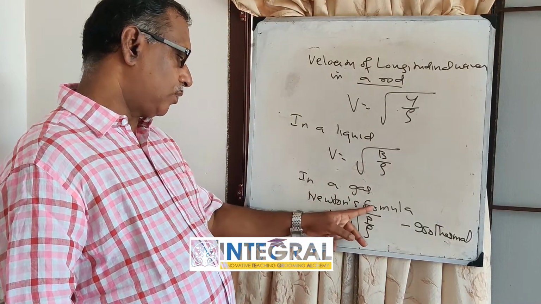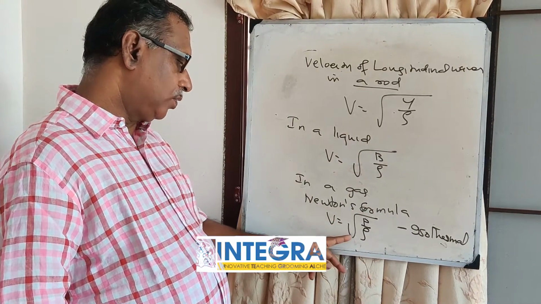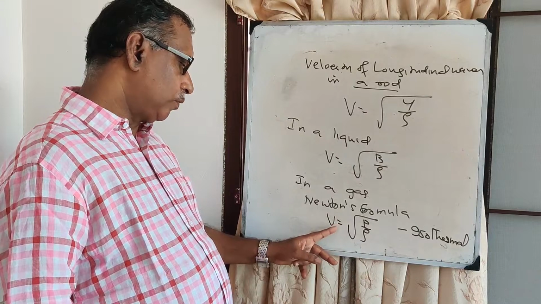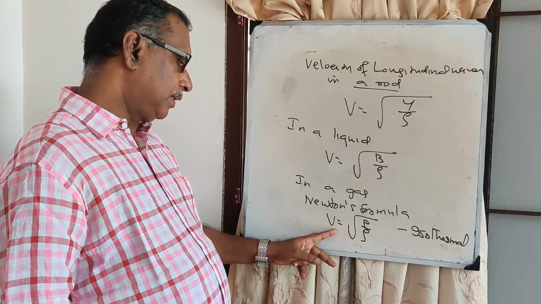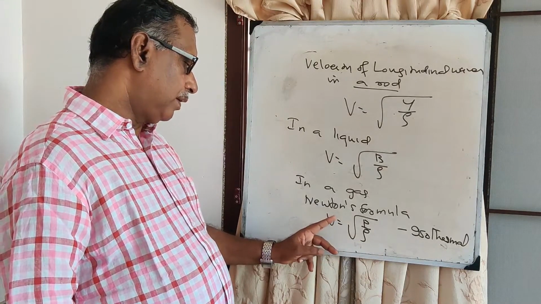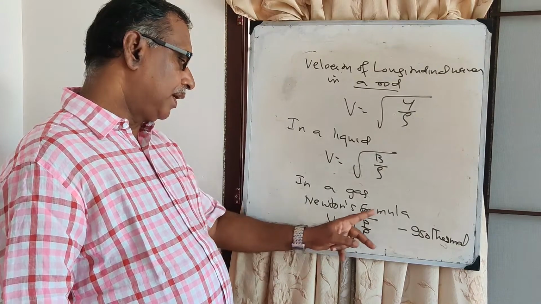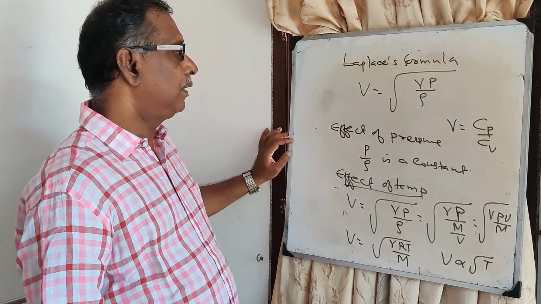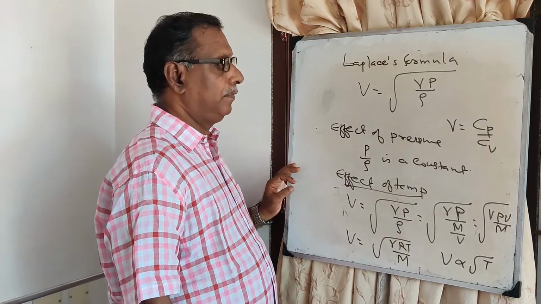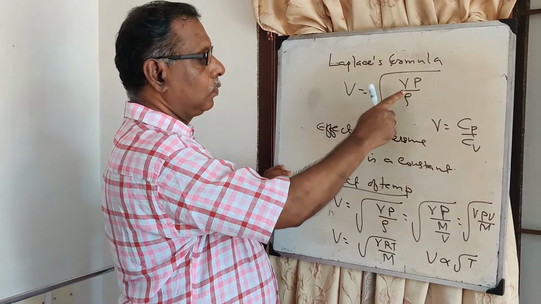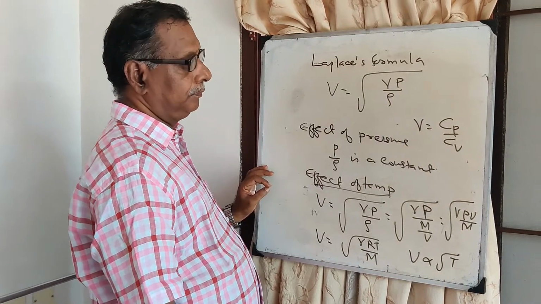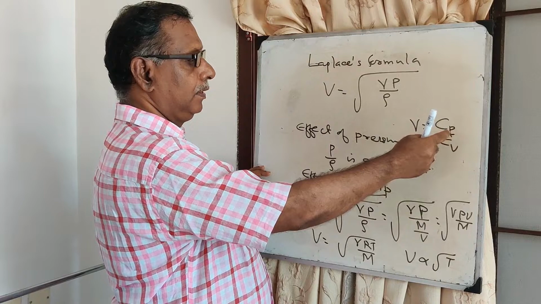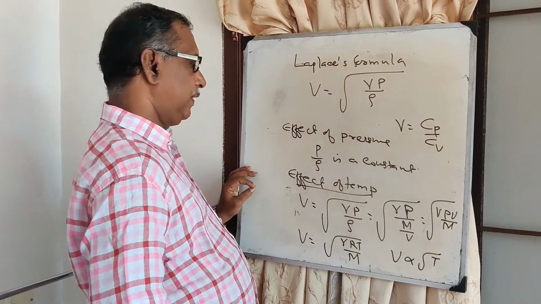One is Newton's formula, that is V is equal to root of P by rho. This equation is obtained in such a manner that when a longitudinal wave passes through a medium, that process is isothermal. Another formula in gas is Laplace's formula. That is V is equal to root of gamma P by rho. Gamma is the ratio of specific heats, that is Cp by Cv.